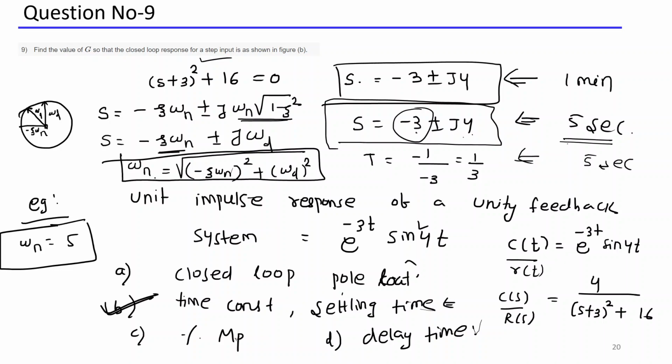Did you clear this point? Yes, sir. Now zeta omega n is 3, because the real part is denoted by zeta omega n, which is 3. Omega n is 5, so zeta, your damping ratio, is 3 divided by 5. Sir, I am not solving anything. I am just looking at this equation and writing down all the answers.